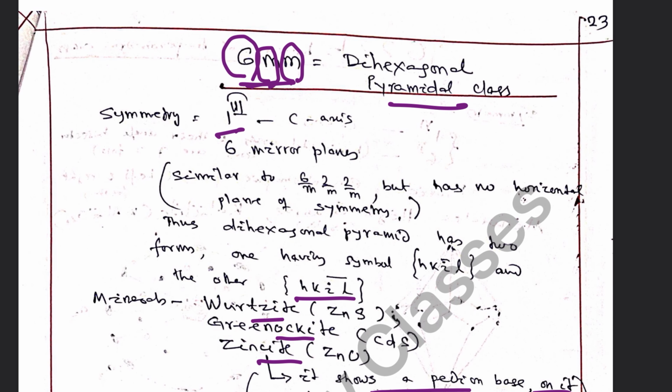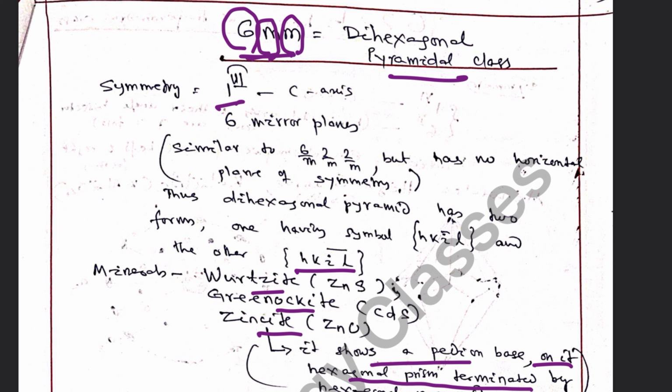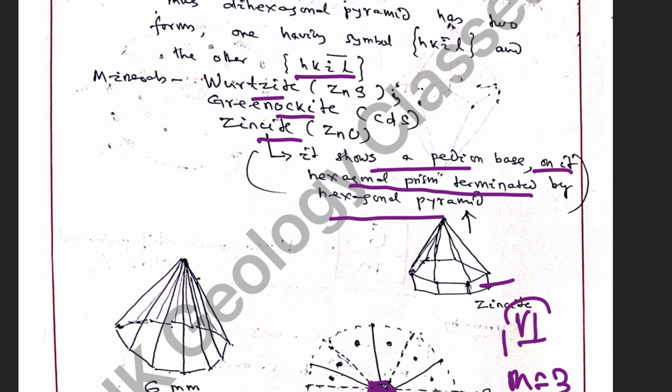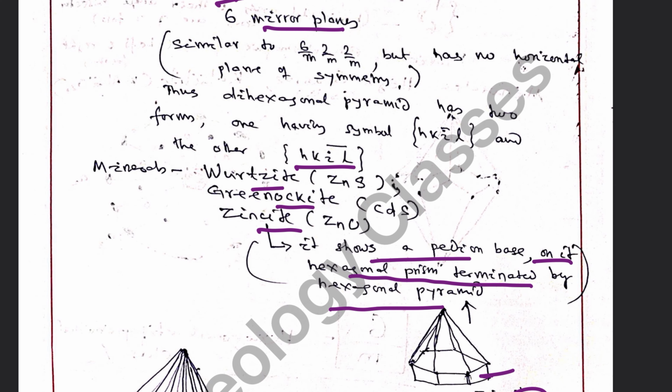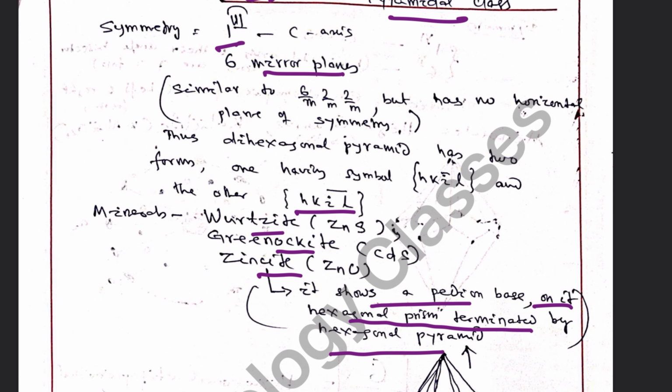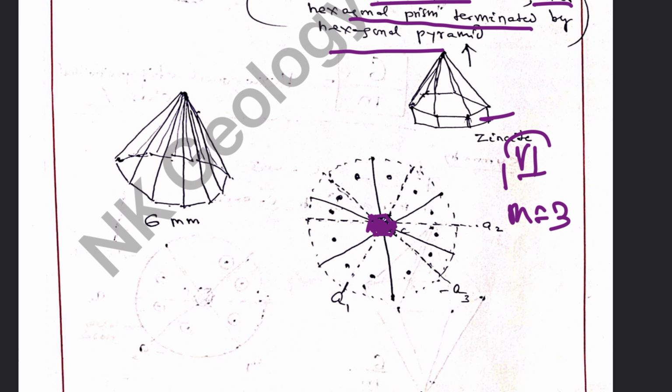There are 6 mirror planes here, 6 mirror planes and no center of symmetry. So it does not have a horizontal plane of symmetry, that's why it is dotted.